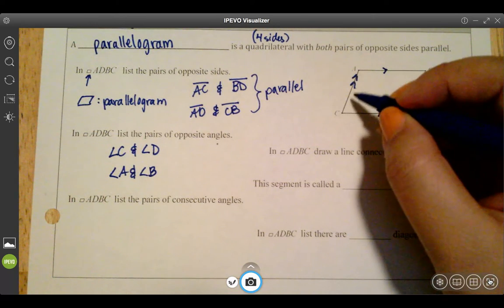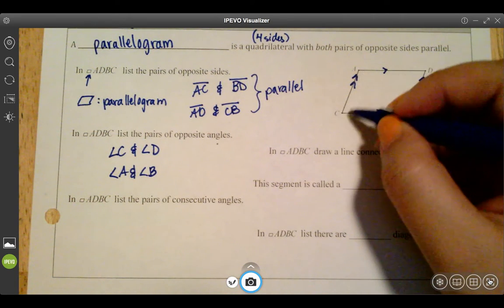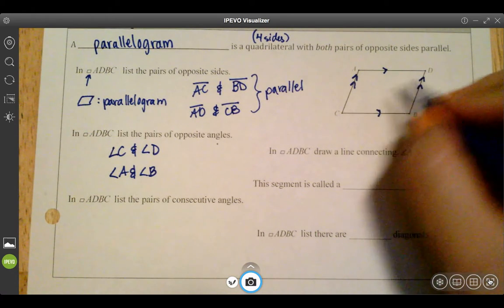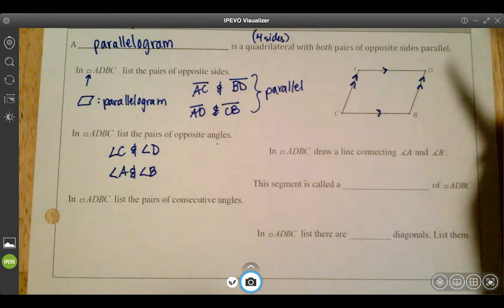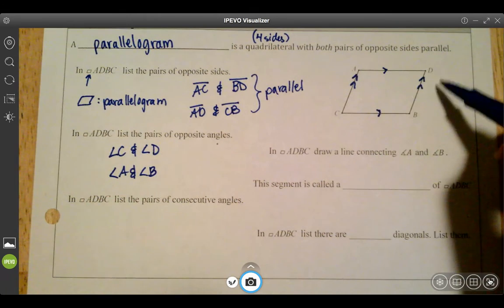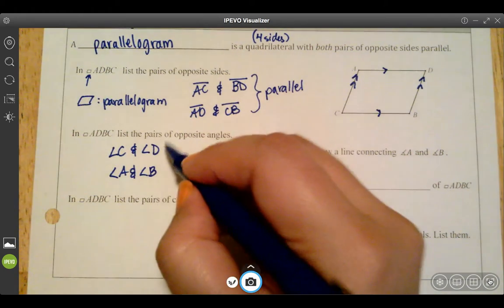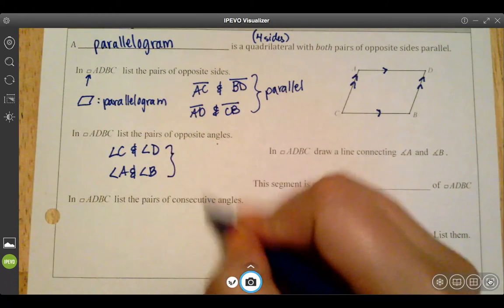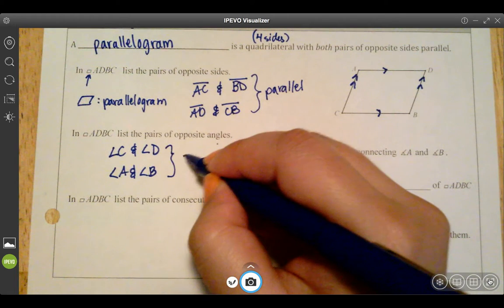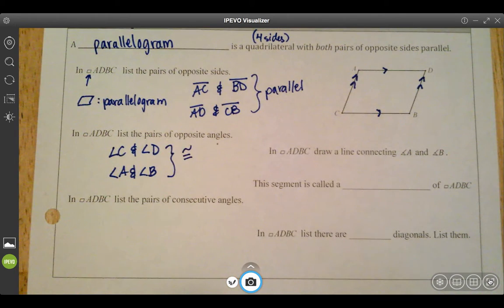Angle A and angle C are supplementary from consecutive angles. A and D the same, C and B the same. And what happens when you set up all four of those relationships is that angle C and D have to be congruent. Angle A and B have to be congruent. So opposite angles are congruent.